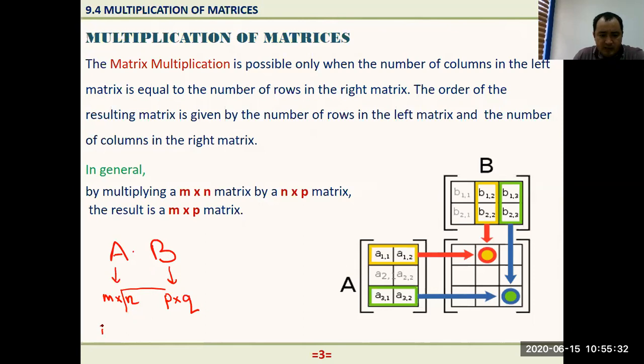If n is equal to p, then it is possible to multiply these two matrices. The resulting matrix will have dimension m by q. That means the resulting matrix has m rows and q columns.